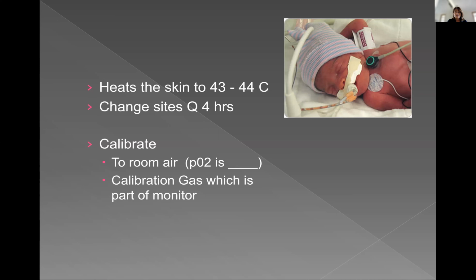You need to know that because you're going to come across a troubleshooting question. It's going to say the electrode suddenly starts showing a transcutaneous PO2 of 160 torr. What could be the problem?